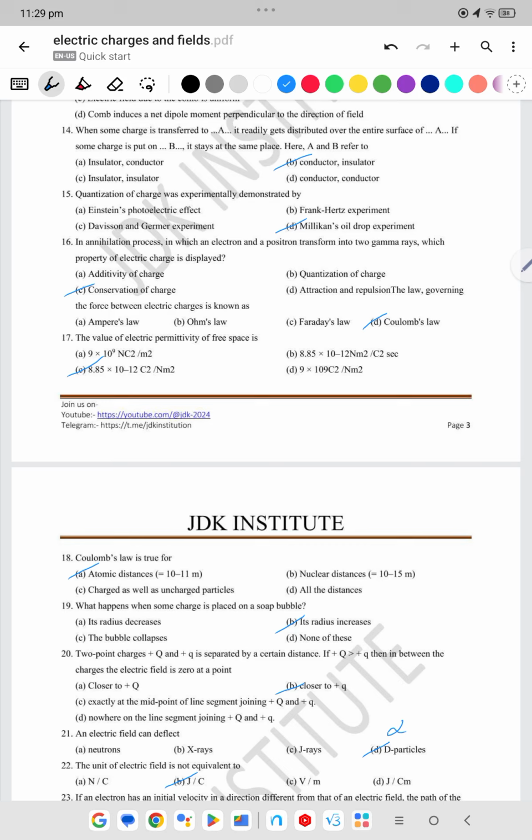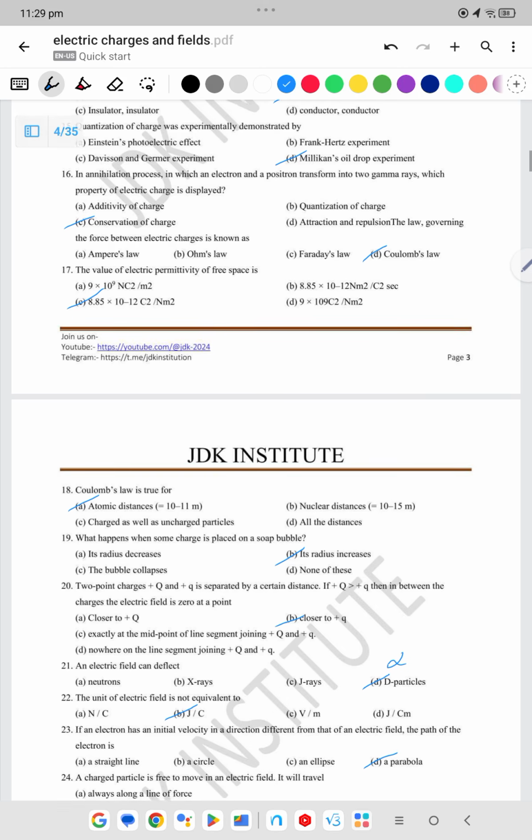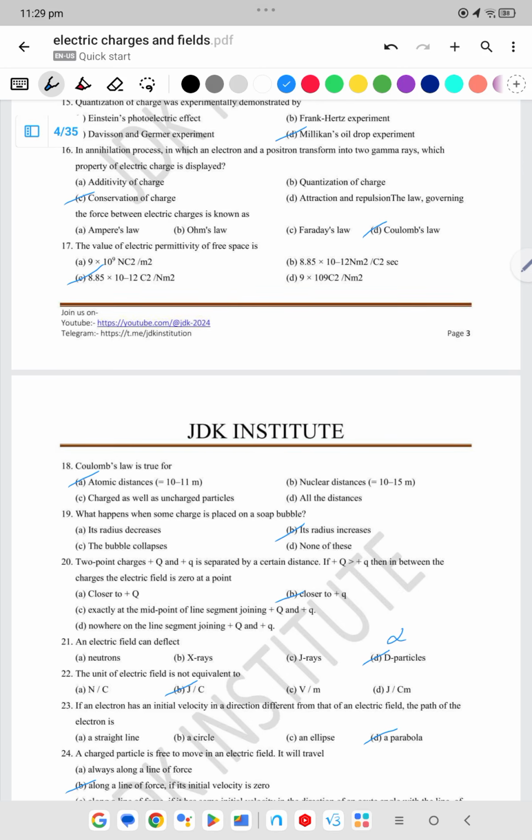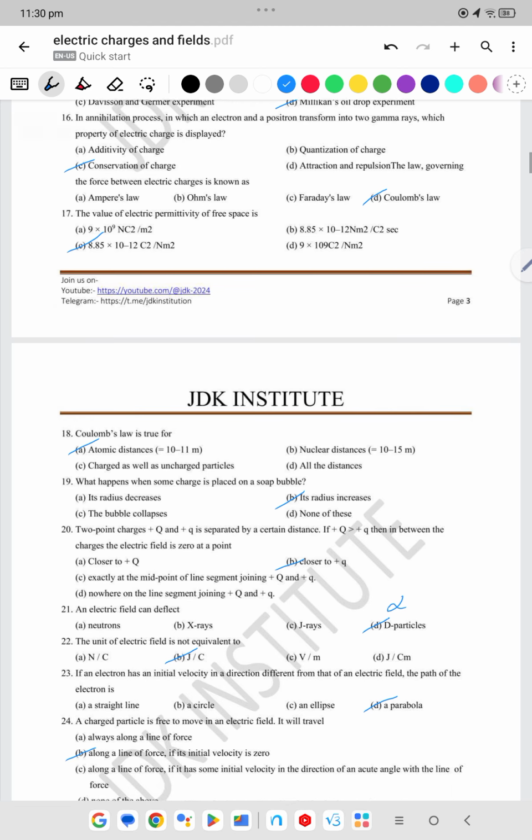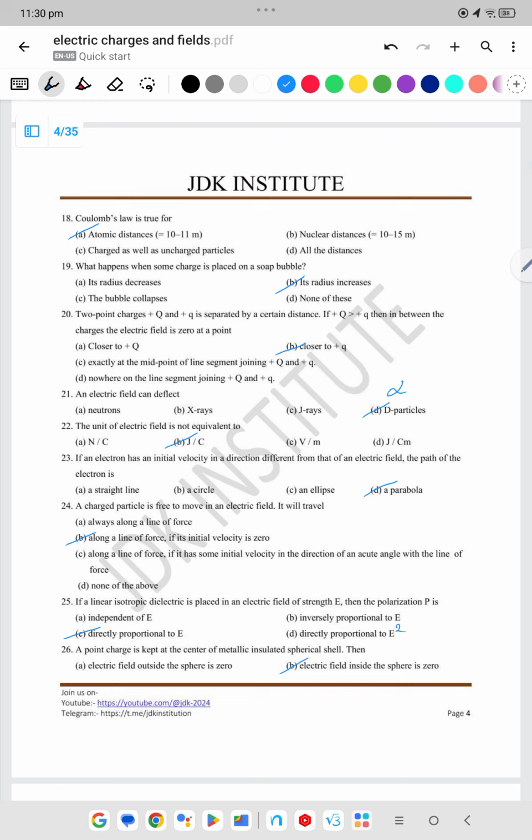The force between electric charges is known as Coulomb's law. The value of electric permittivity of free space is 8.85 × 10^-12 coulomb squared per newton per meter squared. Coulomb's law is true for atomic distances, but it fails to explain at nuclear distance.